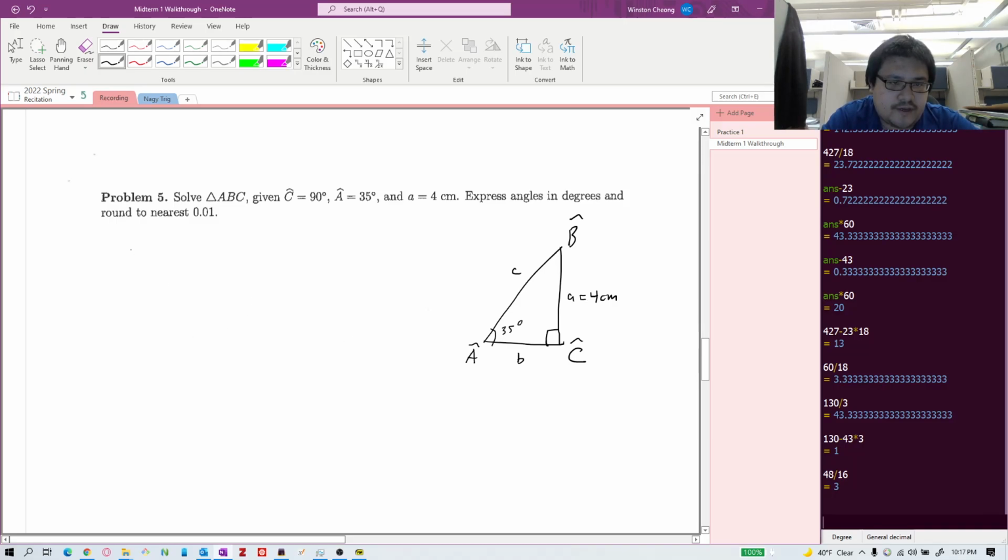So angle A plus angle B in this case are going to equal 90 degrees. So I can solve for angle B. We just do 90 degrees minus the 35 degrees that we're given. That is 55 degrees.